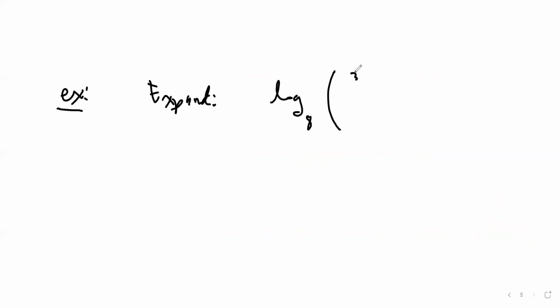So no matter how complicated it is, let me make a more complicated example. Let's say we're expanding this one. Log, let's say base 8, and here I have the cube root of x squared over, sorry, not x squared, let's use a different variable, y cubed times z to the 4th power.